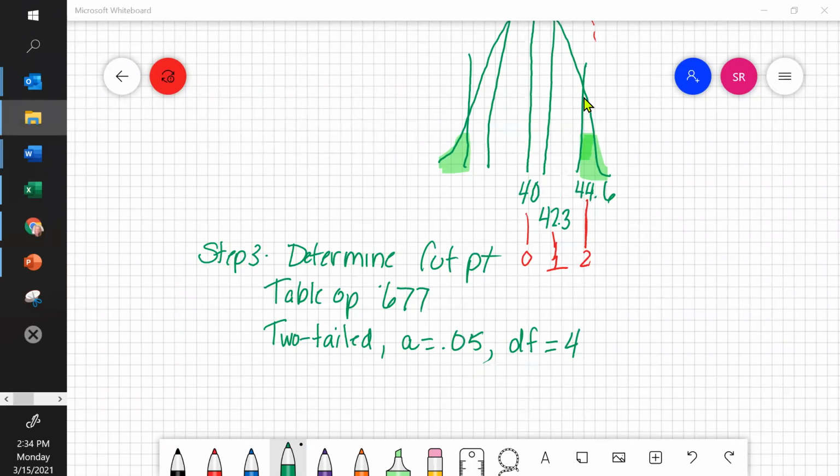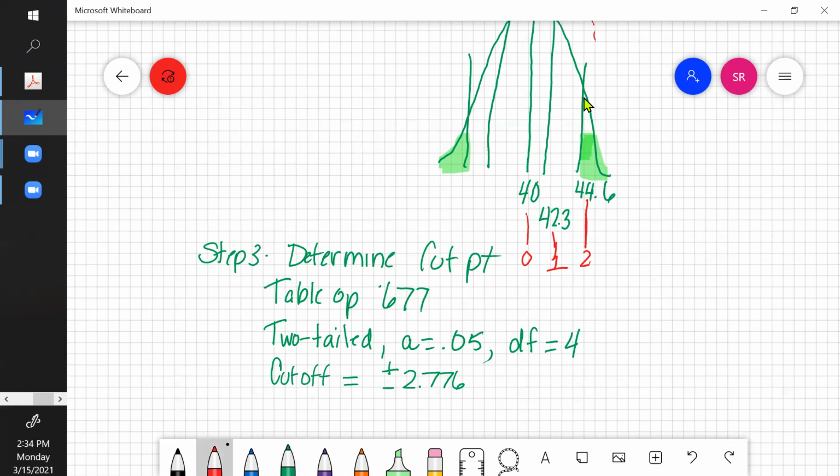And so our cutoff point, or our critical value, is plus or minus 2.776. And that means that we're looking for a cutoff value of minus 2.776 or plus 2.776.